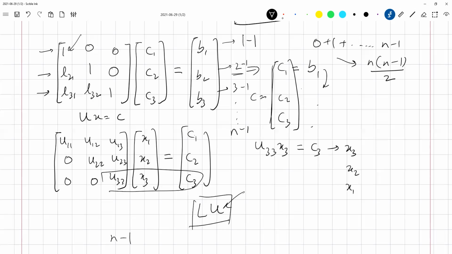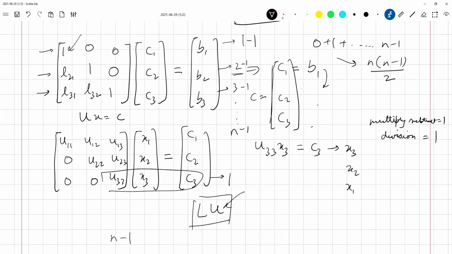What about going from bottom to top? You require 1 division. We are assuming that one multiply-subtract combination is 1 unit and division is also 1 unit.